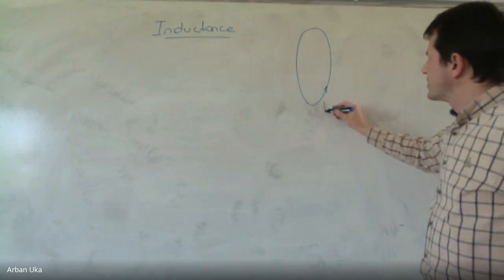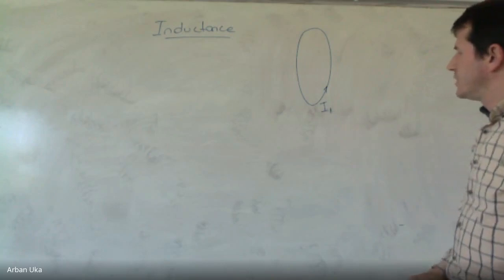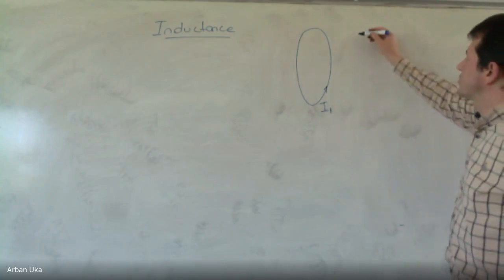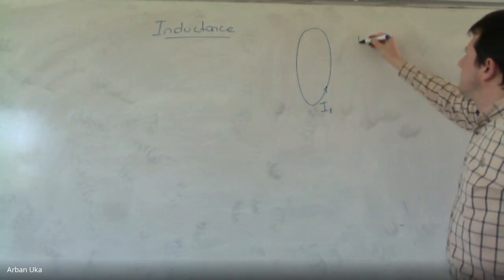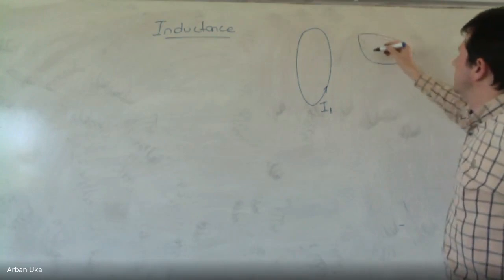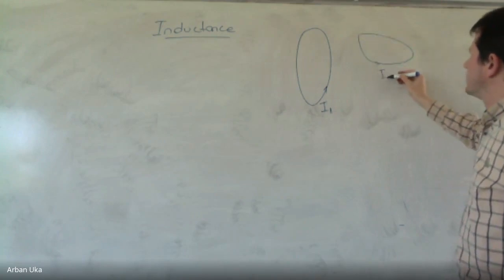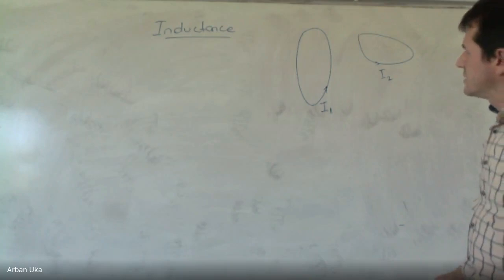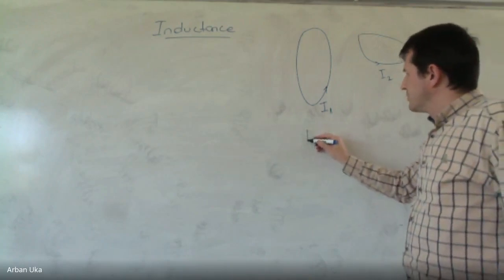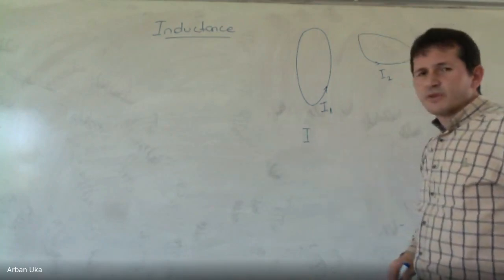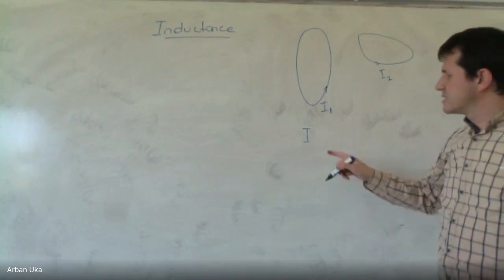And over these circuits, you have a current I1. Okay, so there is some non-zero current, that's enough. And then here we have another circuit where you have another current I2. The idea is that we know the following. Logically, if you want to summarize all what I'm going to say, I can say this.